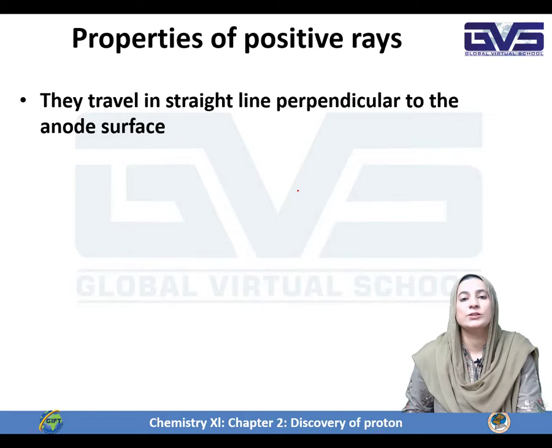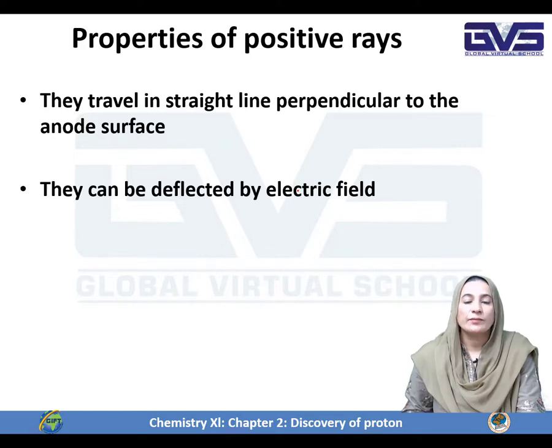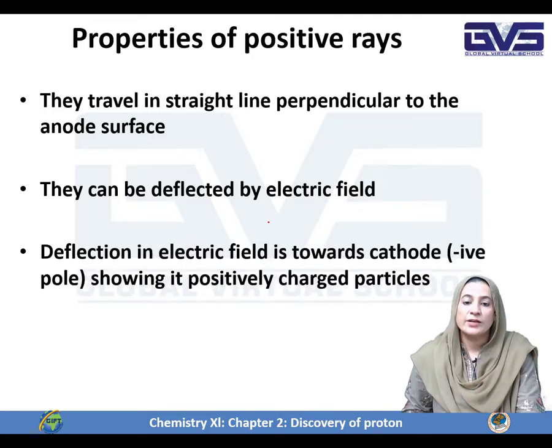But when an electric field or magnetic field is applied, they can be deflected. They deflect towards the negative pole, the cathode of the electric field, and that shows these rays have positive charge.